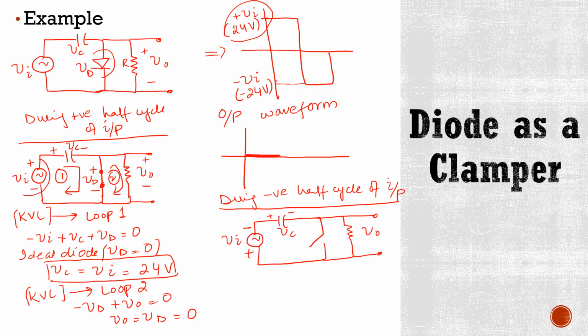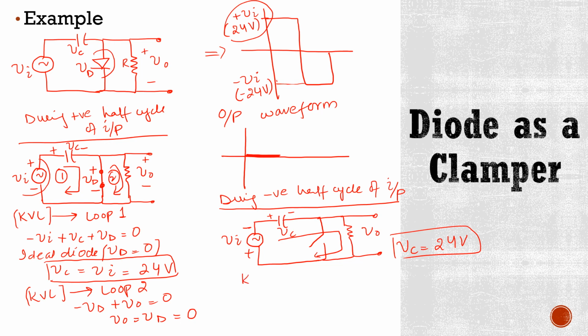Now in this case, this diode does not allow electric current to flow through it. It means the input current directly flows towards the output. Here we assume that during this period when the diode is off, the capacitor will hold on to its established voltage level. It means here Vc is equal to 24 volts. So during the negative half cycle Vc remains the same.